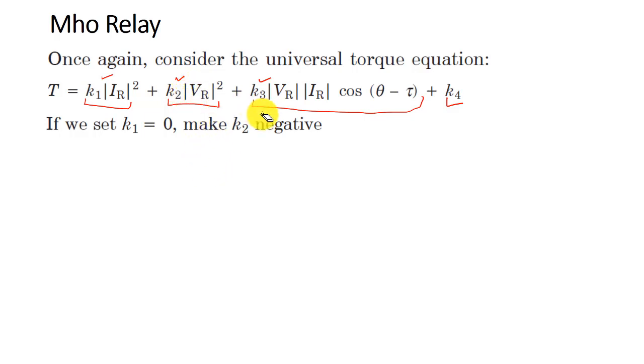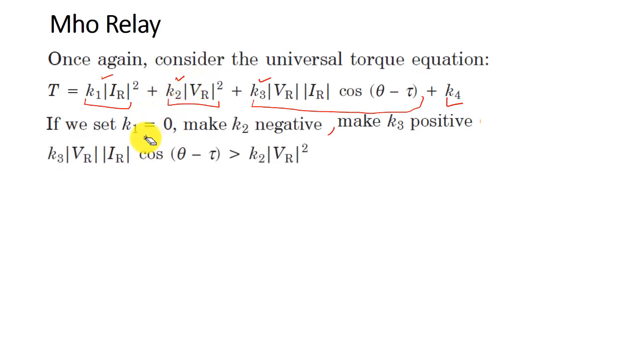K3 positive means the directional element will provide a positive torque, that means operating torque. So in this case the directional element is providing the operating torque, and the voltage element is providing the restraining torque.